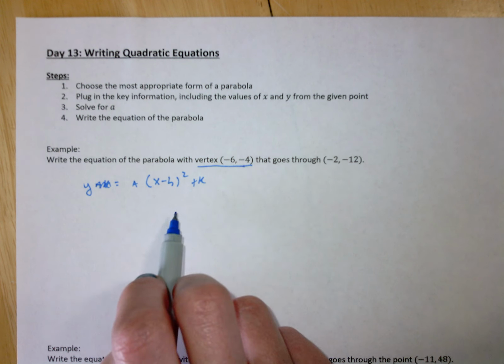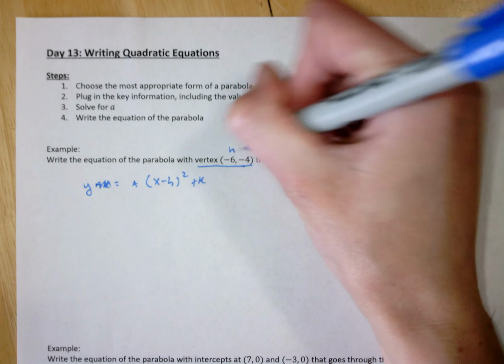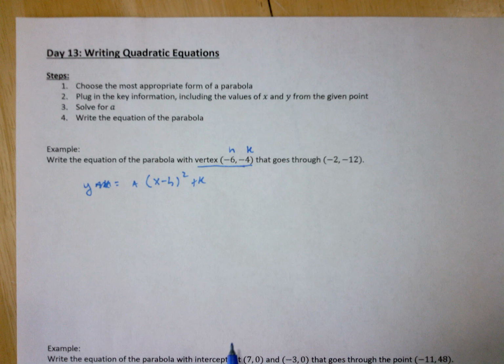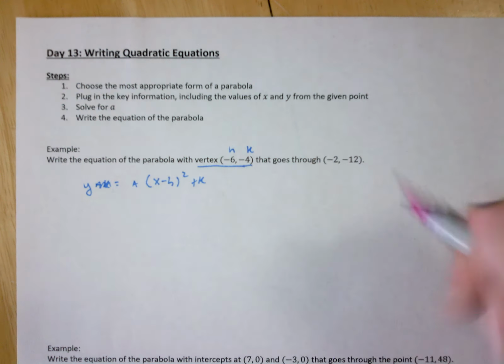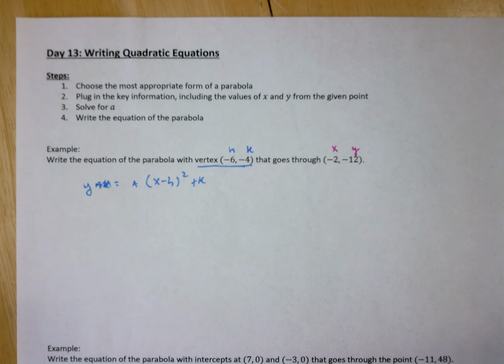Okay, so basically what I'm going to do is plug these values in for h and k, right? Because that's part of my vertex. And then they also give me a point here. So I'm going to plug in this key information they gave me. They gave me h, they gave me k. And then this point, I'm going to use these as my x and y.